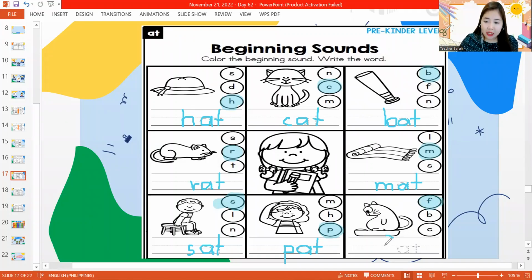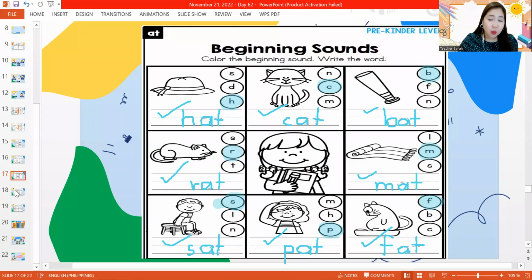So let's write letter F, A, T. Okay, let's read our words first. We have hat, cat, bat, rat, mat, sat, pat, and fat. Very good.